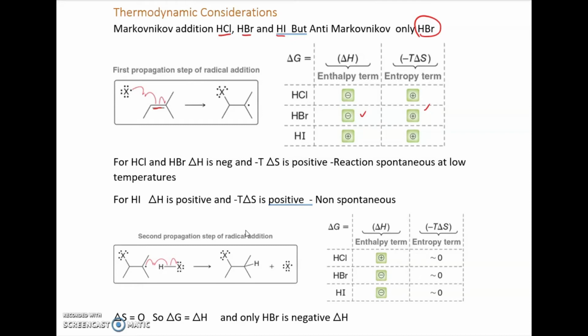For hydrogen iodide, they're both positive. So this reaction is not going to go. It's not ever going to be spontaneous. Okay, if we look at the second propagation step, we find that the hydrogen chloride is positive, and so that is going to be a no-go. And of course, HBr is the only one that has a negative delta H.